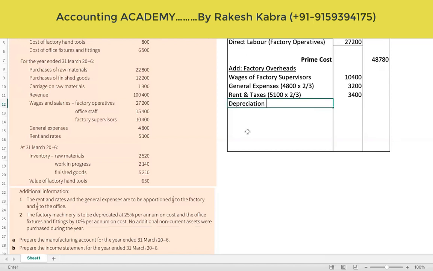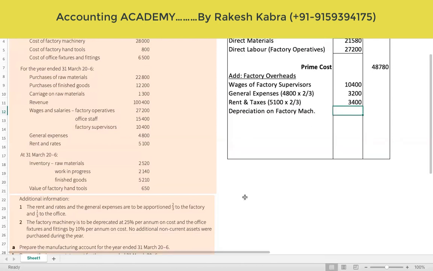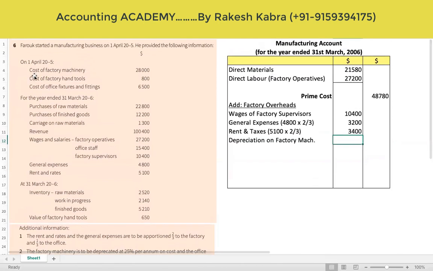Depreciation on factory machinery. So what is the cost of the factory machinery? See, on the beginning date, 28,000, right? And how much percentage do I have to take? 25%. So that will come to 700.